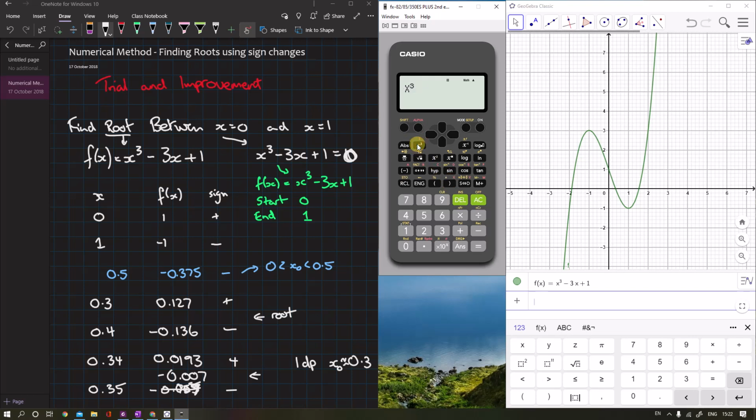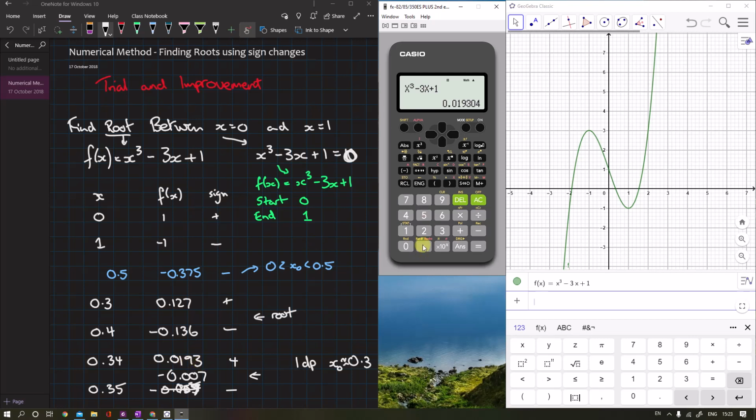This is the way you can do it. X cubed minus 3 alpha x plus 1. When you do it the first time, there's my 0.34 answer.